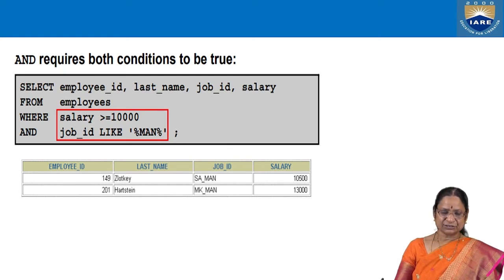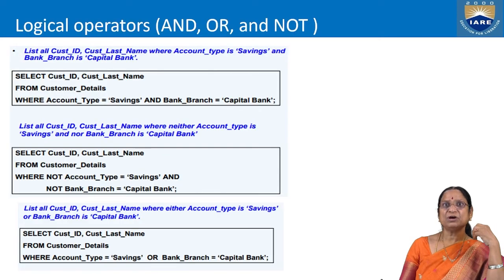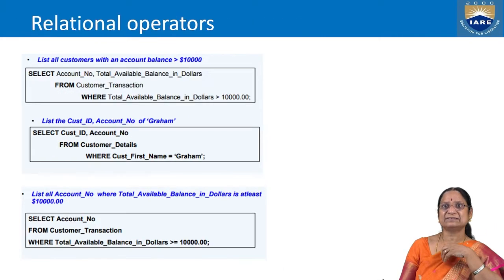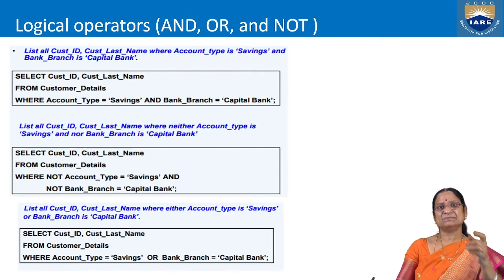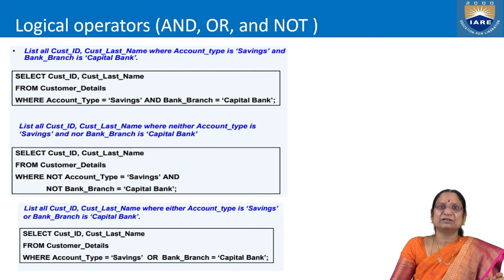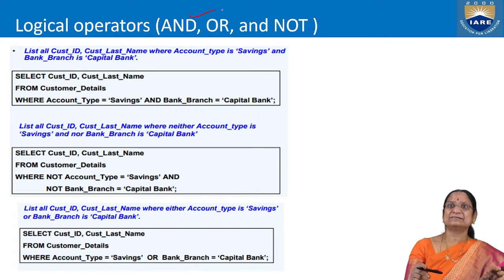So two or more conditions can also be checked. Previously you observed a single condition. The conditions must be satisfied both, or either of them. Based upon that we can use the logical operators AND, OR, NOT. So SQL supports these logical operators also.